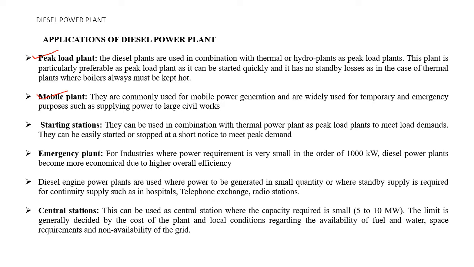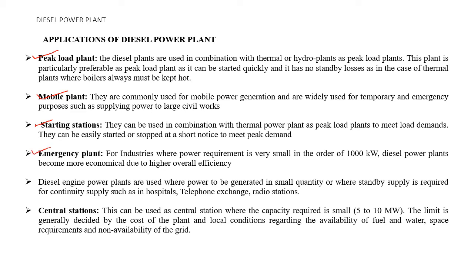Then we use this as a starting station. They can be used in combination with the thermal power plant as peak load plants to meet load demands. They can be easily started or stopped at short notice to meet the peak demand. So it can be used as emergency plant.